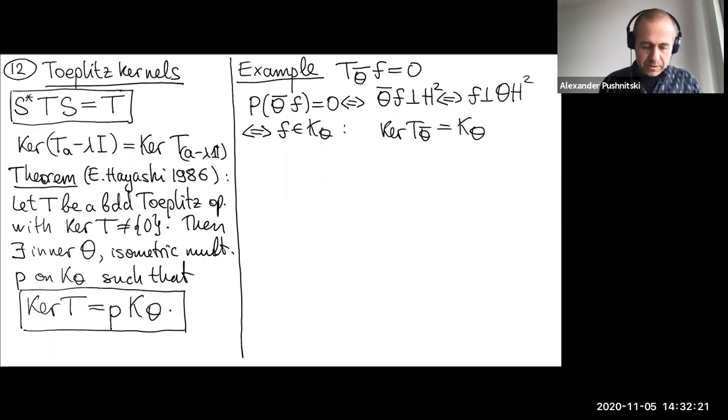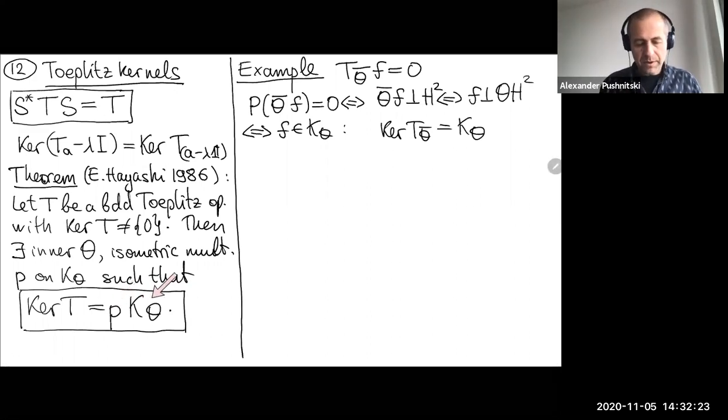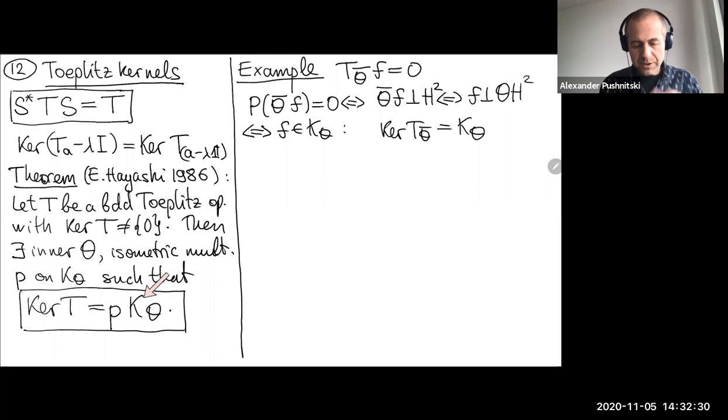But spaces of this form, images by symmetric multipliers of model spaces, are sufficiently rich. You could think of them as building blocks for any reasonable theory in Hardy space. So that's kind of my intuition into this. They still have some structure, but they're much more versatile than just model spaces.